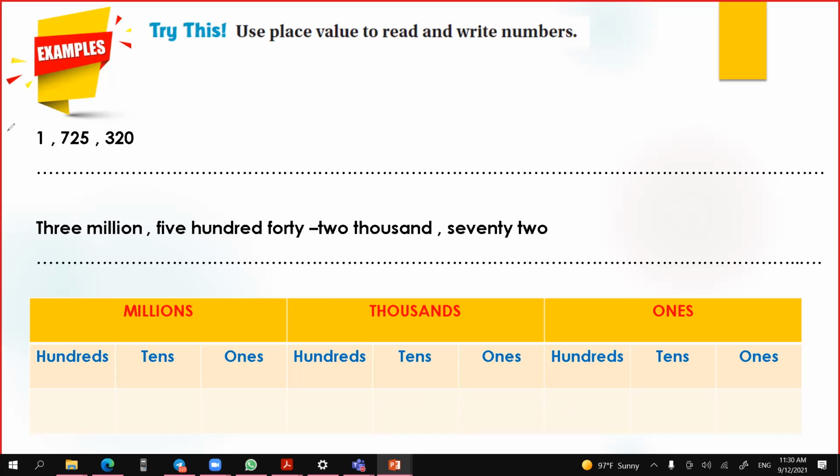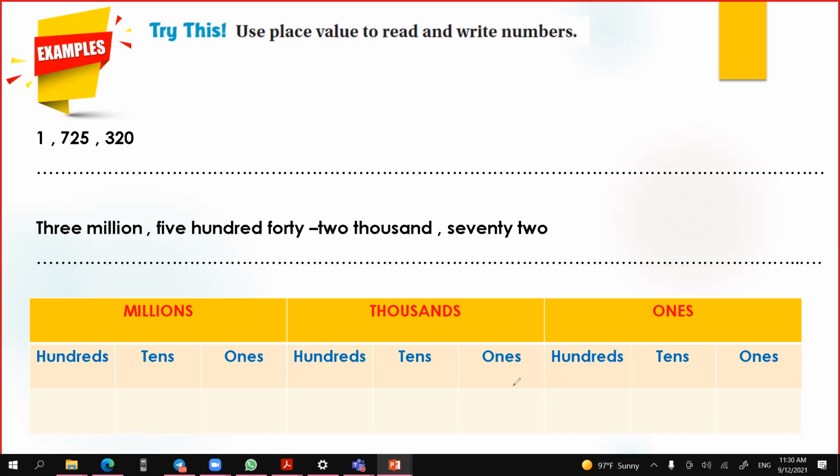Yes, grade 5. The first number here, is it in the standard form or in the word form? Bravo. Okay.